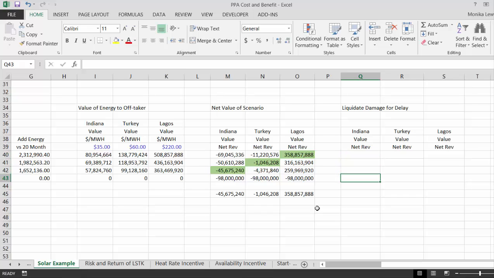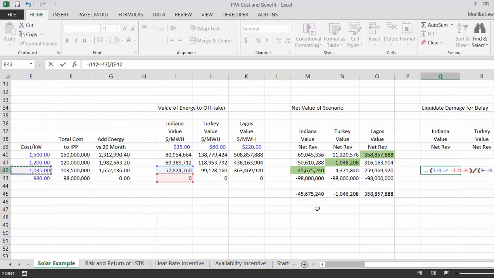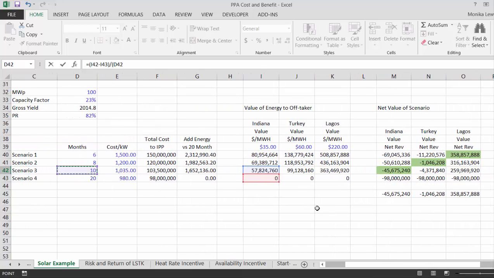The penalties, let's do this thing we did before. The penalties are the value of the energy. I hope this will work. So let's put the difference in value between one scenario and the other scenario divided by the difference in the months, minus this one.